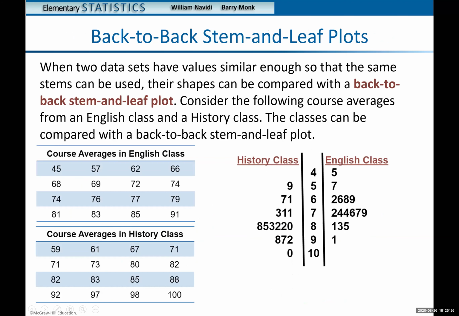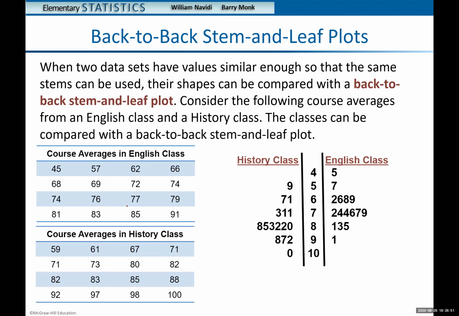All right, so how about back-to-back stem and leaf plots? You can do this when two data sets have values similar enough that the same stems can be used. Just like for this, consider the following course averages from an English class and a history class.